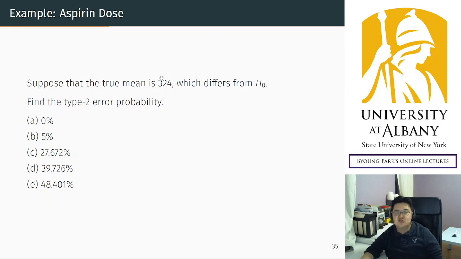So we are going to choose 324. In our null hypothesis, we believed the mean is 325, but actually the truth is 324. Then, given this number, find the type 2 error probability, right?